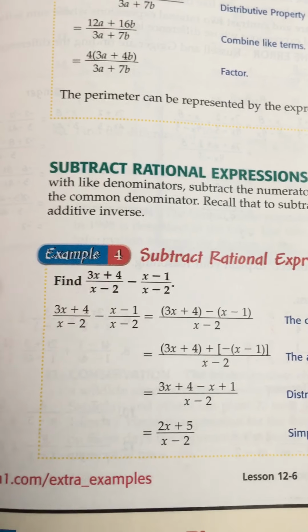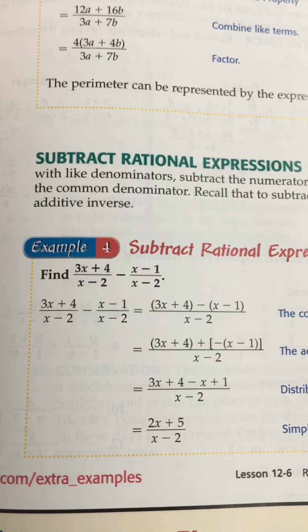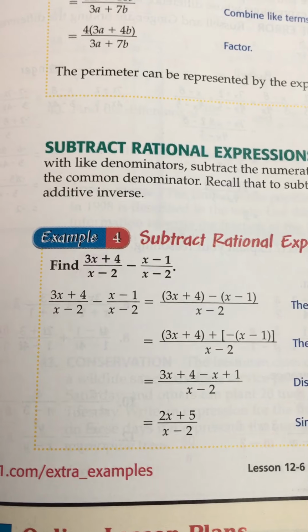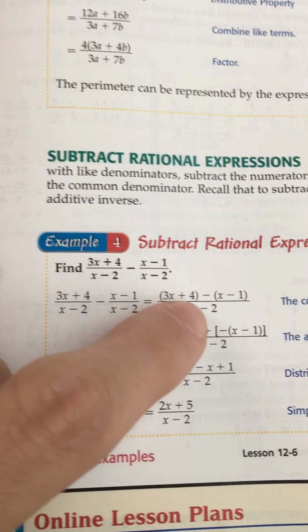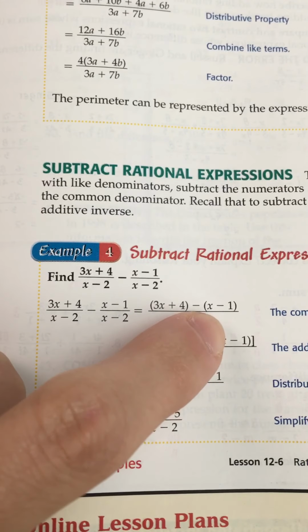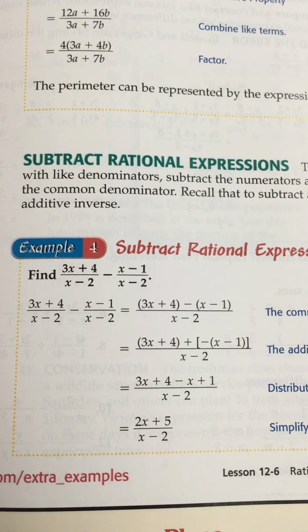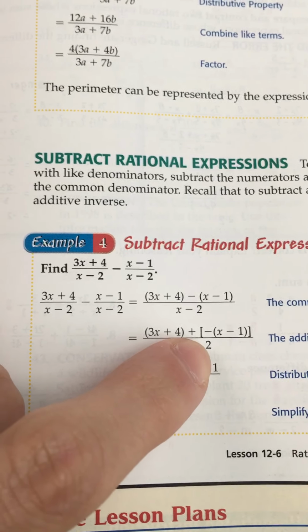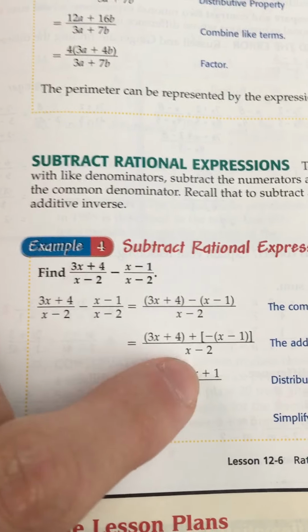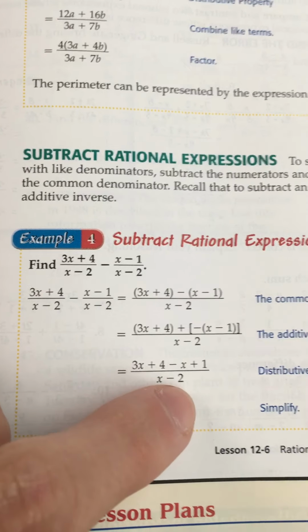We can't really subtract those right away because they aren't alike. So we're just going to write them down for now. 3x plus 4 minus x minus 1. Don't worry about this step. I don't really know what they're doing. So, now, if we look at this, how did they simplify it?